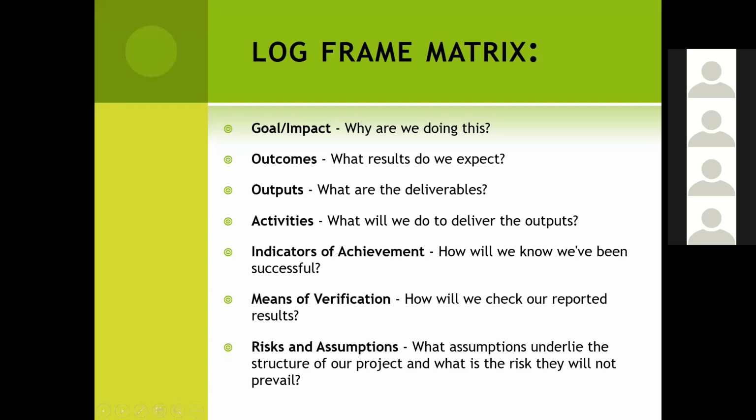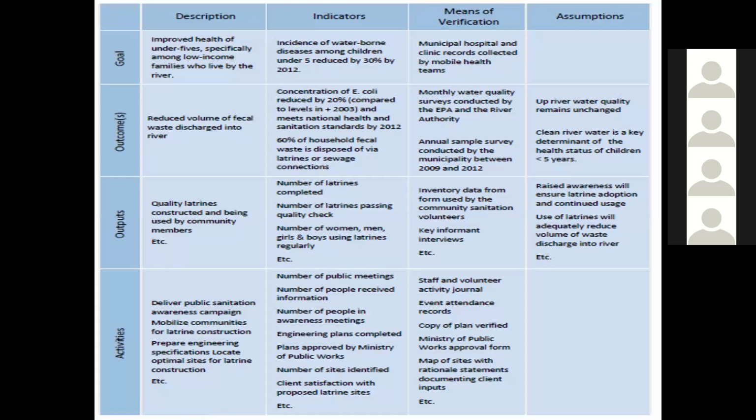You can see this is a good example of a project that was looking at improving the health of under 5s, specifically among low-income families who live by a particular river. Some of the outcomes they were looking to achieve is the reduced volume of fecal wastage discharged into the river. The outputs were quality latrines constructed and used by the community members, and several activities like delivering a public sanitation awareness campaign, mobilizing communities, and preparing engineering specifications.